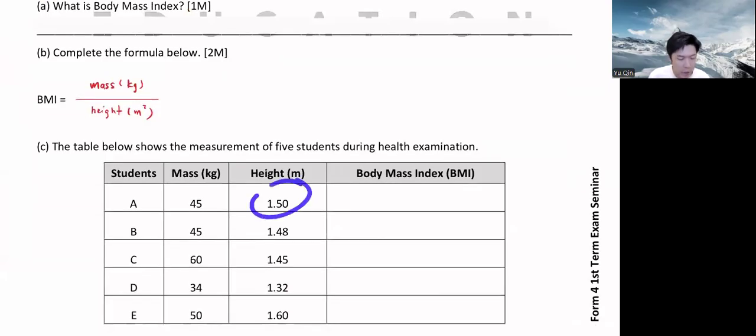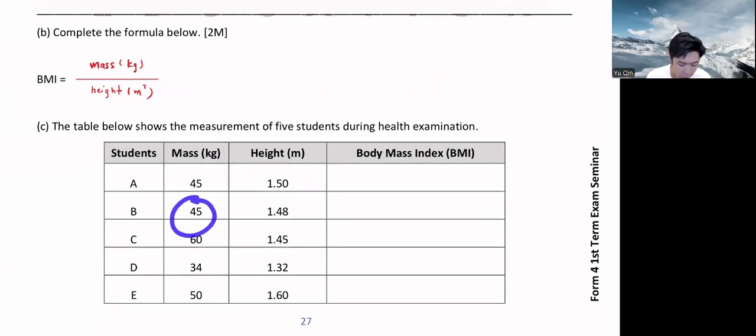Just throw in the numbers into the calculator. Then you'll be able to calculate. So for example, the body mass index for A will be mass over height squared. So 45, in the calculator you press 45 divide 1.5 squared.